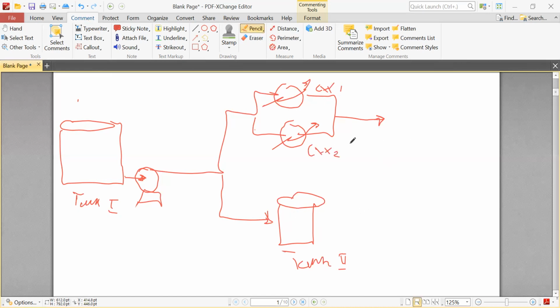So let's detail each part of this schematic. You have to first define the demand of cooling water for both of the coolers, and you can sum it to the capacity of the tank here, tank 2.